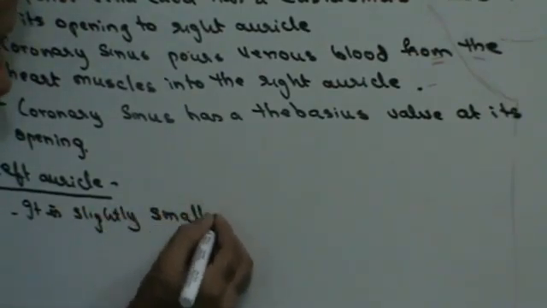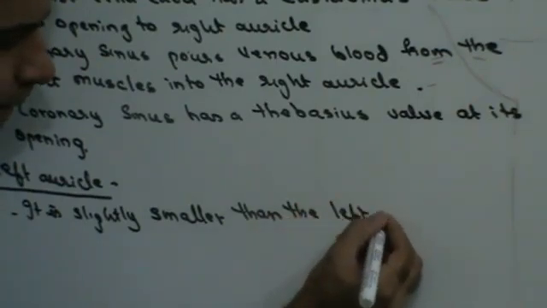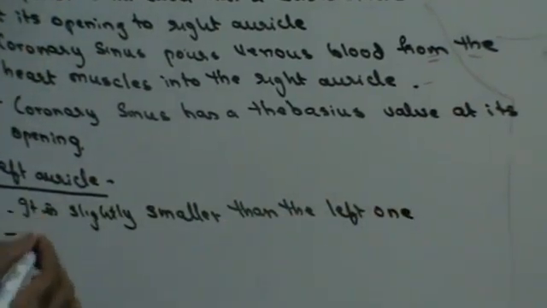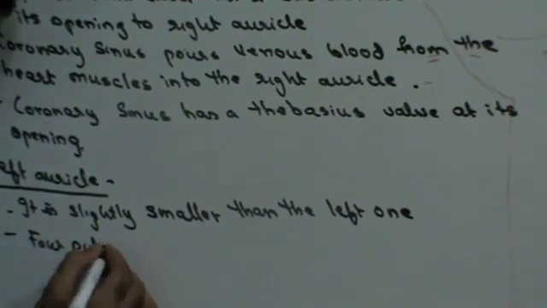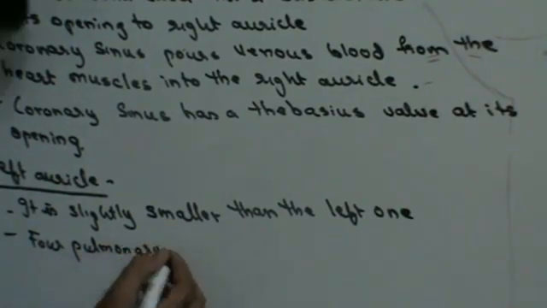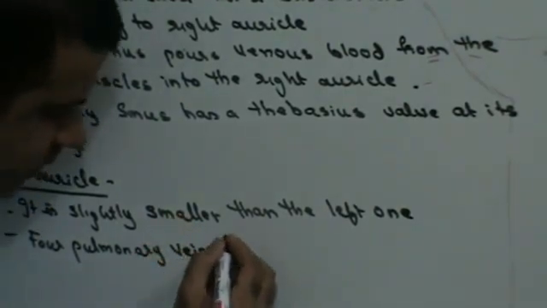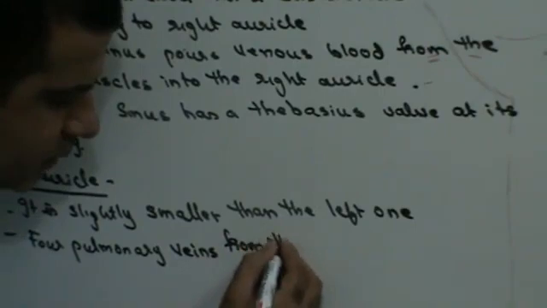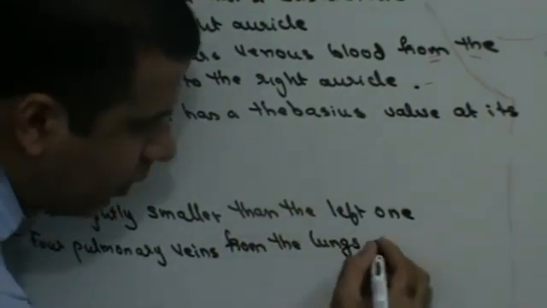Right? 4 pulmonary veins from the lungs open into the left auricle.